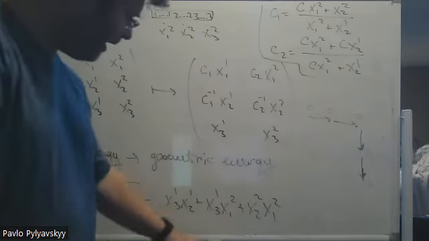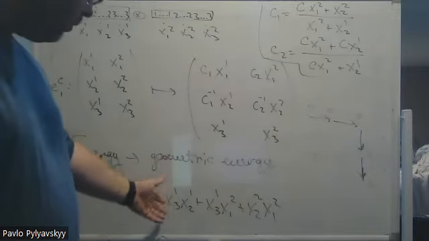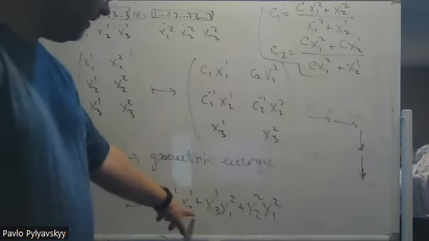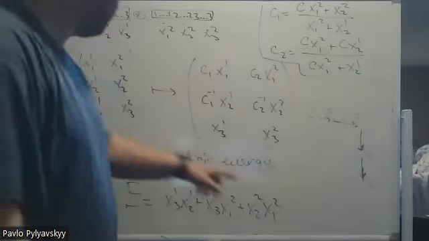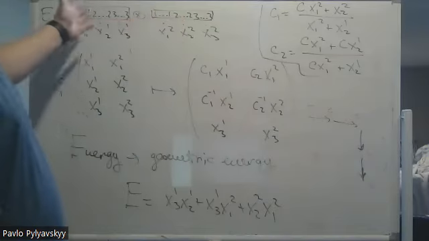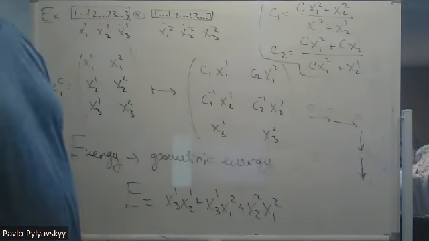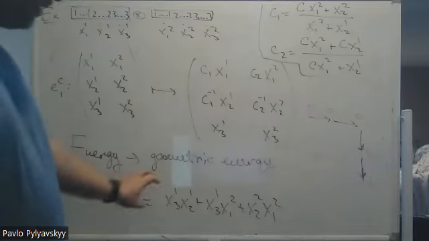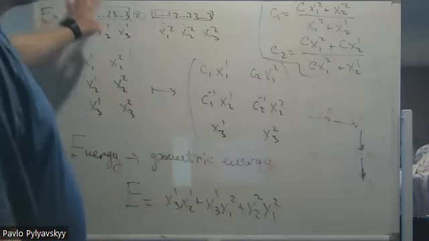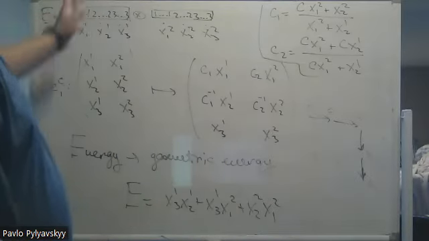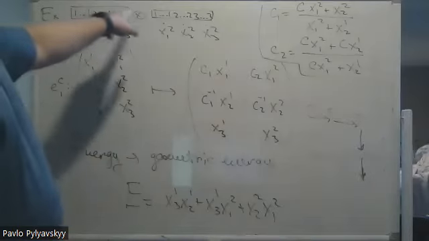If you just tropicalize this, you will have a minimum of 3 sums, like this plus this, this plus this, and this plus this. That allows you to explicitly compute the energy function for such a tensor product of 2 factors. You could just use this formula, tropicalize it, and then find the energy of any tensor product like this.